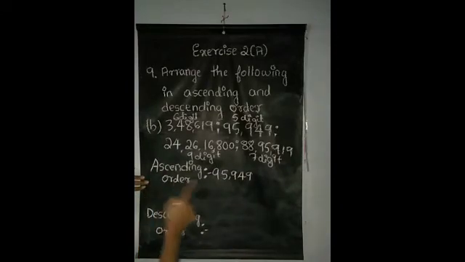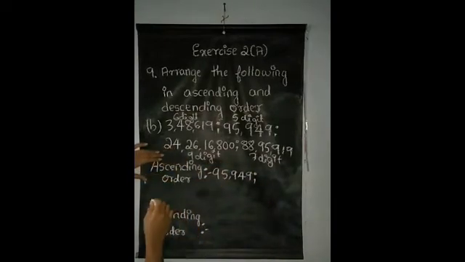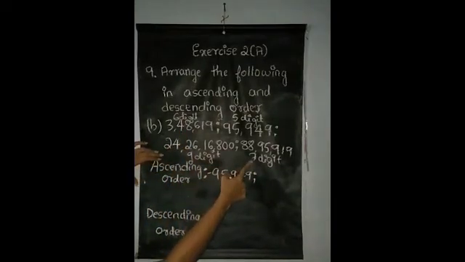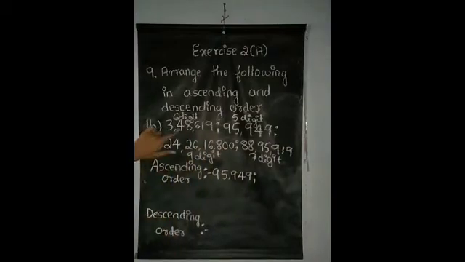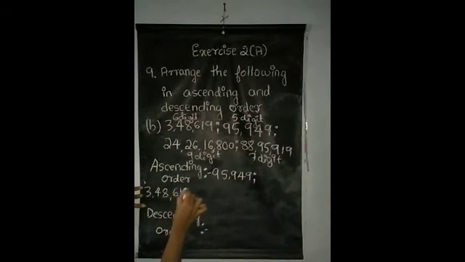In ascending order, the smallest number will come first. Next we have to find out among these which number is the smallest number. Here 6 digit number is the smallest number. So I will write 3,48,690.